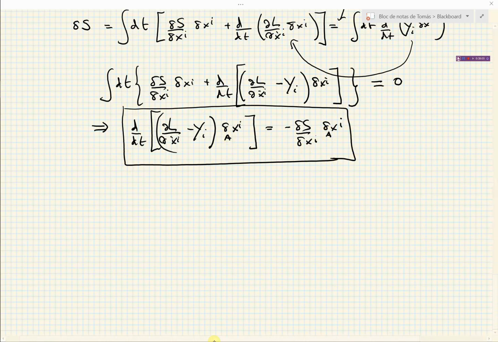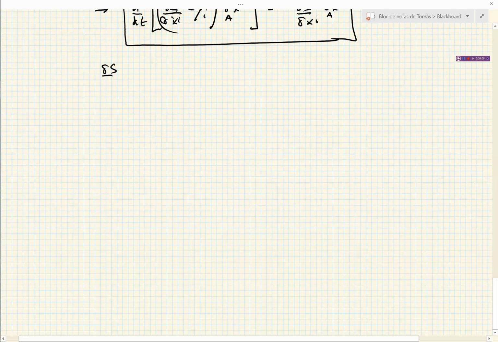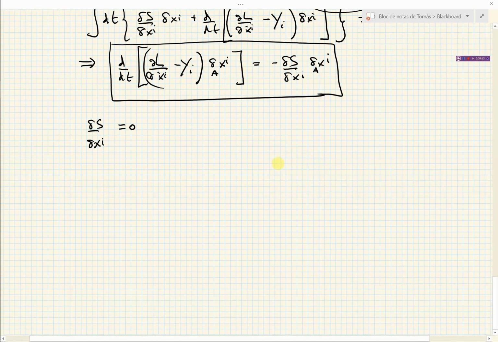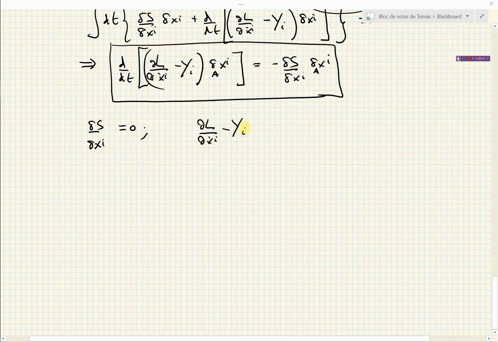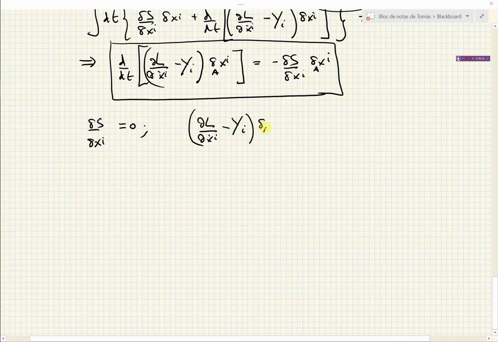Again, if the equations of motion are satisfied, I find that the quantity delta L over delta x dot i minus the total derivative term times delta a xi, which I call P a again, is conserved.